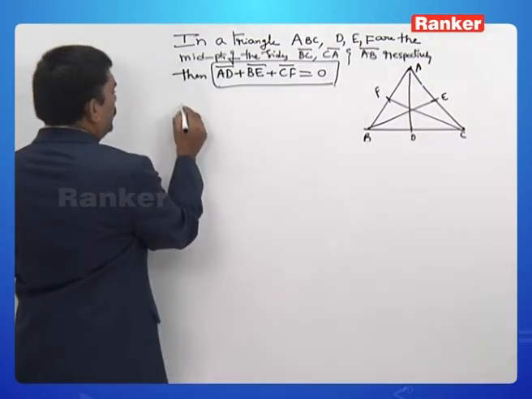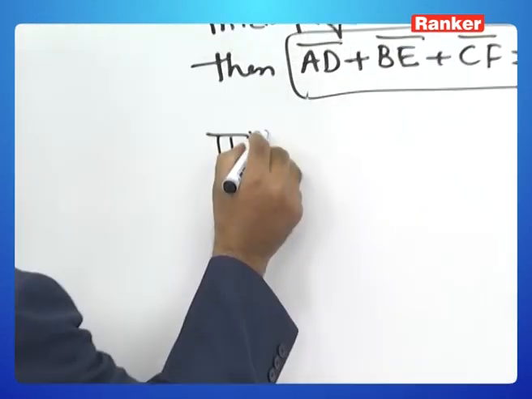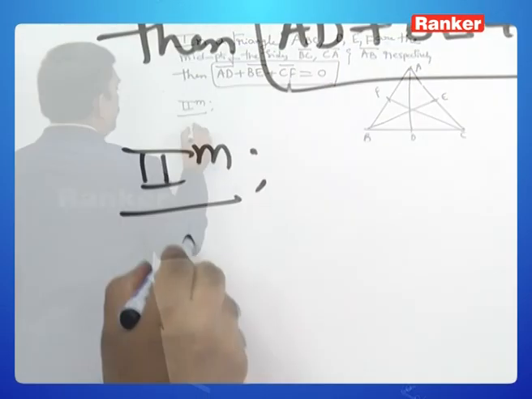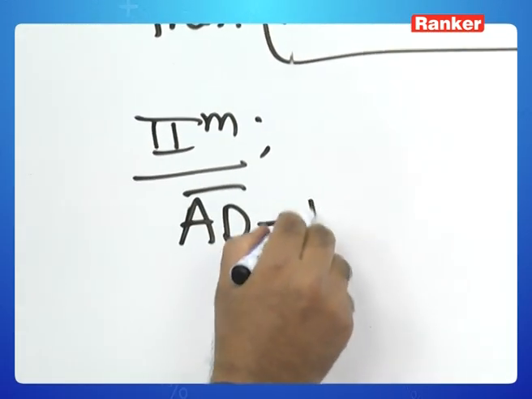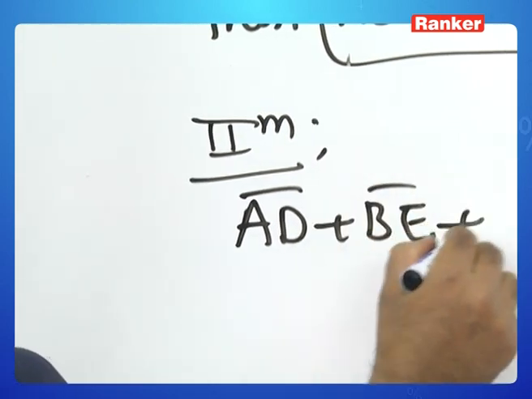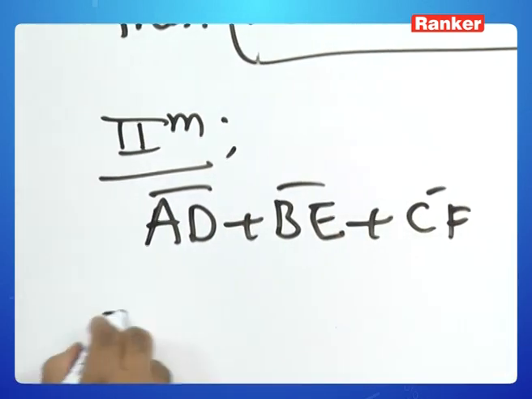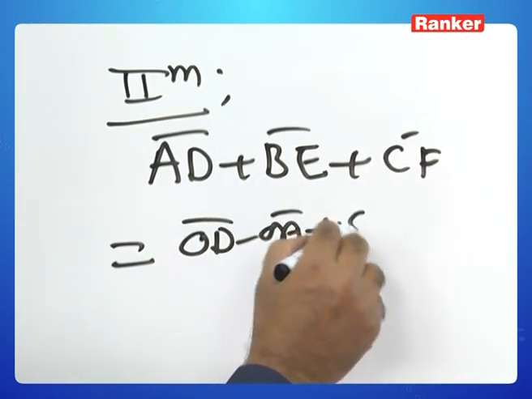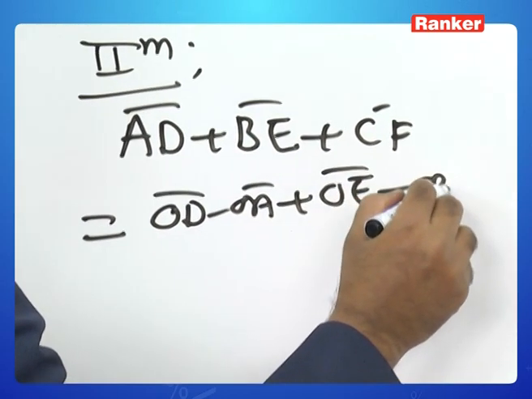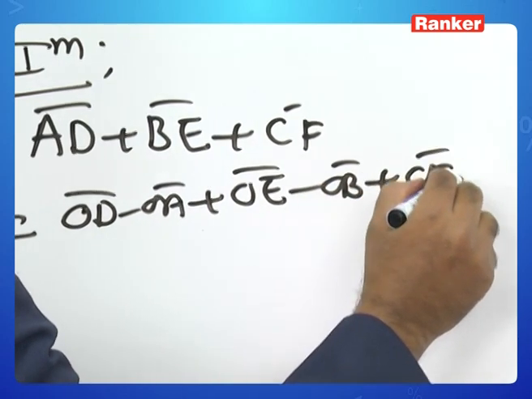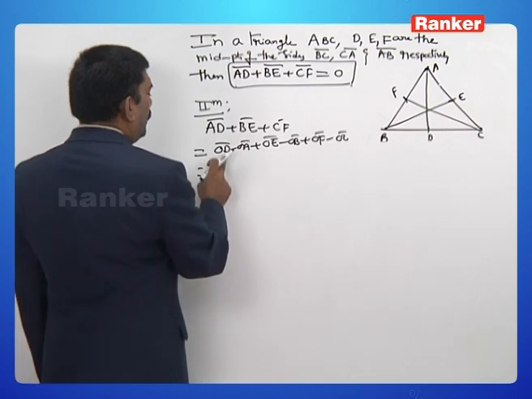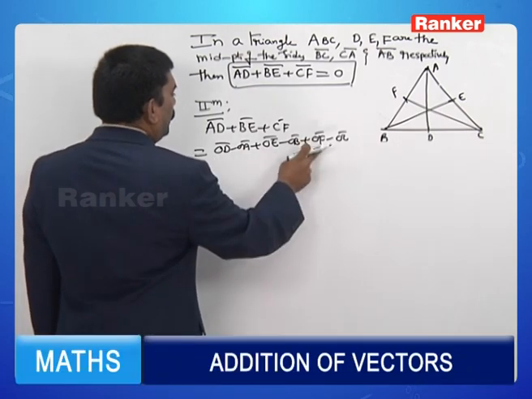The second method is to consider this AD bar, BE bar, CF bar. Every vector can be expressed as position vectors of its extremities: OD bar, OE bar, OF bar.